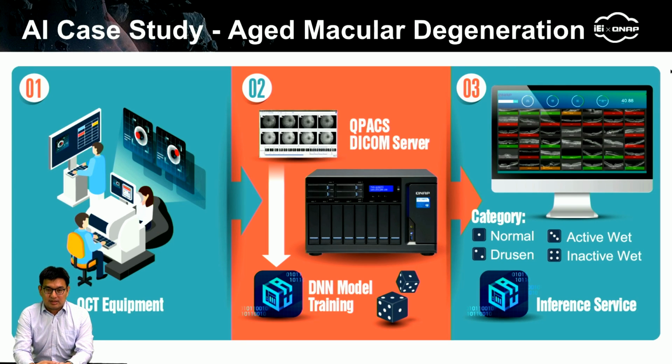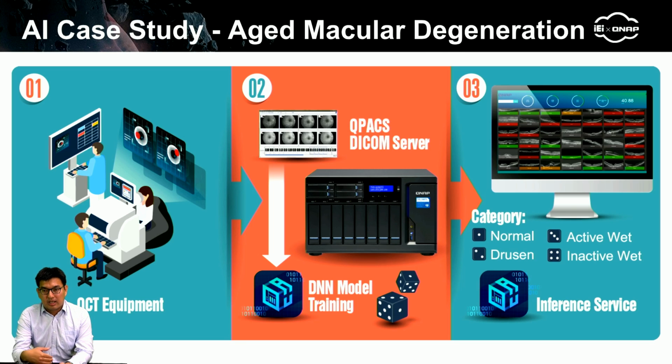So these are the steps of how we apply AI into the field. The first one is that we support the OCT equipment, and the OCT equipment connects to the NAS. Then we have our DICOM server, which is software to help manage the medical images. And then we use QAI to deploy the DNN model and for the training.